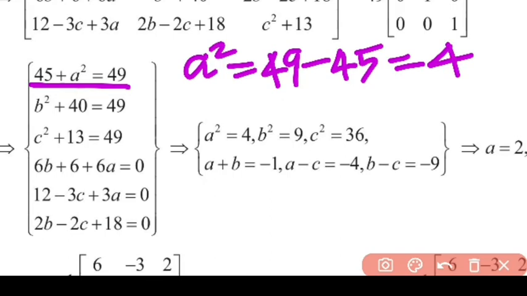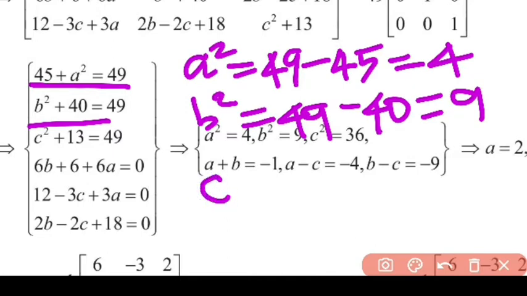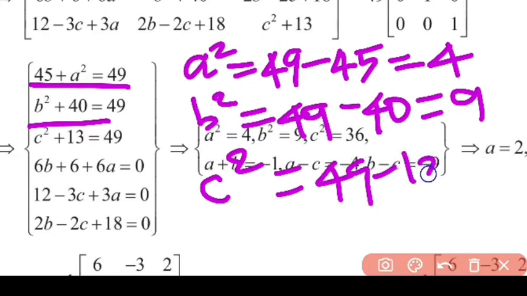Next, b square equals 49 (already there) plus minus 40, which is plus 9. Next, c square equals 49 minus 13, which is 36.